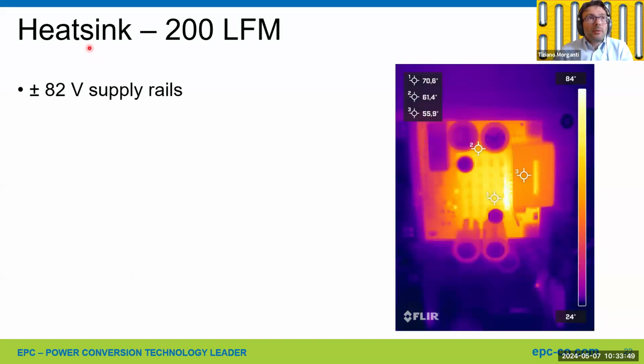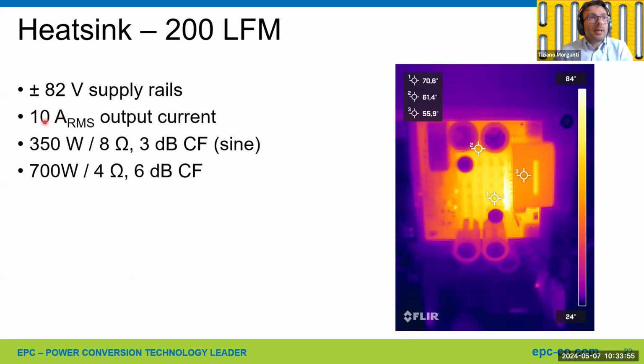Then we have with heatsink and airflow at plus minus 82 volt supply rails, 10 amps RMS output current. So this is 350 watts on 8 ohm sine wave power, or 700 watts on 4 ohm, 6 dB crest factor, which is a pretty dense music signal.